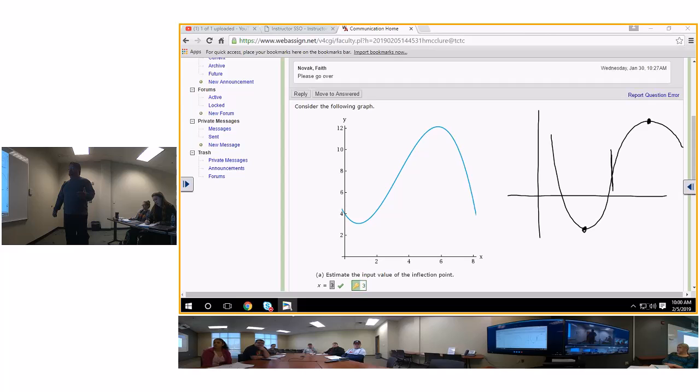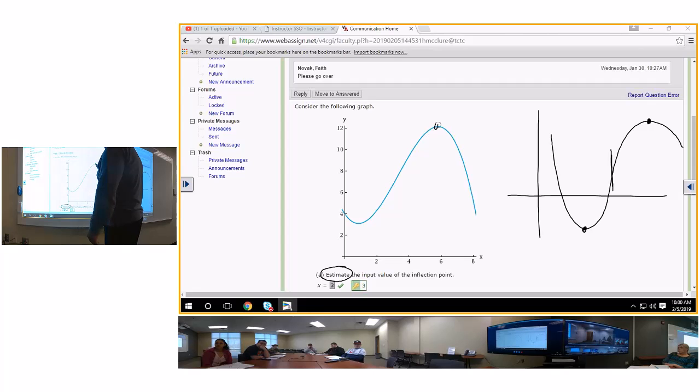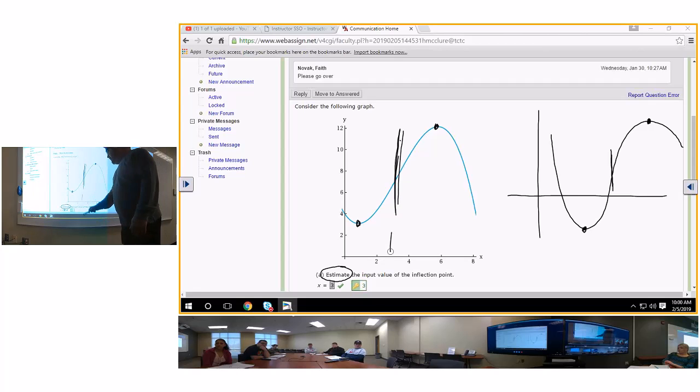And the best thing you can do is, and what does it say here? Estimate. And they're giving you pretty much a good, here's the vertex here, here's the vertex here. Well, I got it off a little bit, but right in here is going to be, and then you go down here and you say 3.